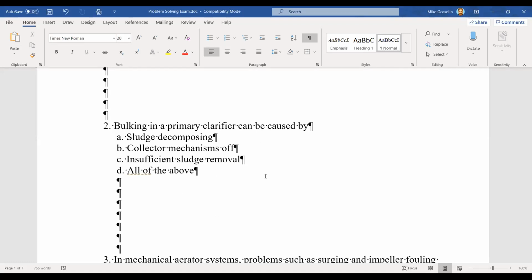If you don't remove the sludge, you're going to get sludge bulking. But if the collector mechanism is off, then the sludge won't be removed either. And sludge decomposing is what bulking is. So I totally understand why you tend to want to choose C. But think about these questions, read all the answers, and each one of those does have an opportunity to cause some bulking in the clarifier. So the answer in that one is D.